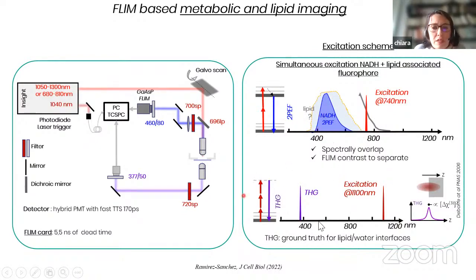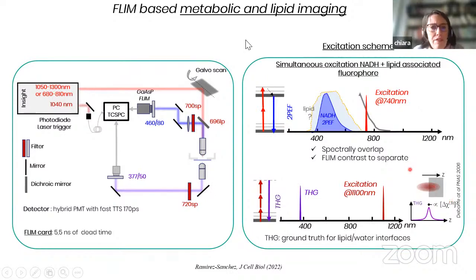So we use third harmonic generation microscopy as a ground truth to visualize the lipids. For people who don't know what THG is, it is a harmonic contrast, a third-order process that is sensitive to the variation of Chi3. In practice, in biology, you can see the interface between water and lipids.